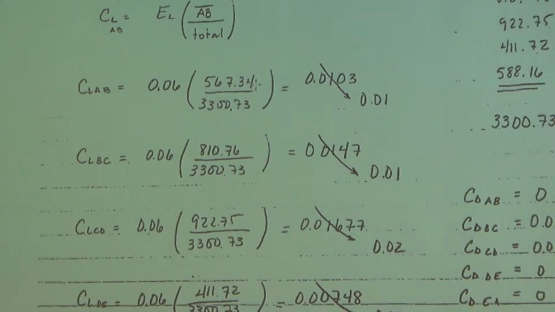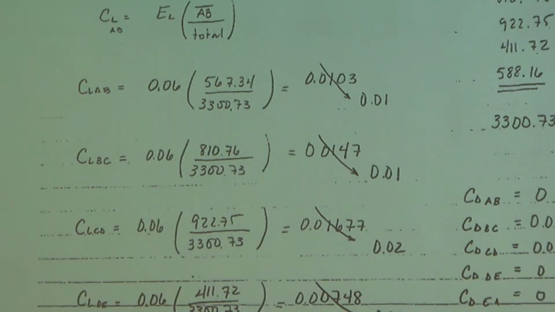It was a cumulative value. But here they're all isolated, they're acting independently. So we get a correction in latitude from A to B of 0.01, B to C, 0.1, C to D, 0.2, D to E, 0.1, and E to A, 1, and if you add these up, 1, 2, 4, 5, 6, they come out to be 0.06.